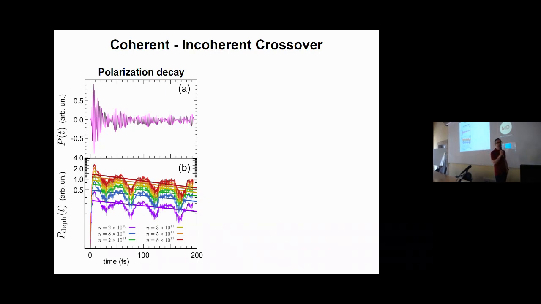But it is also very beautiful to study the decay of the polarization. This is a log plot as a function of the excitation density.